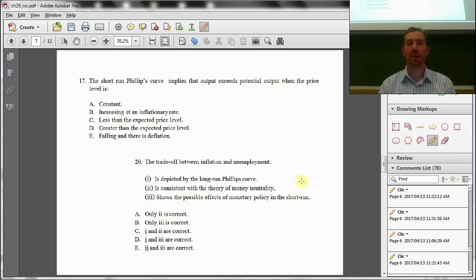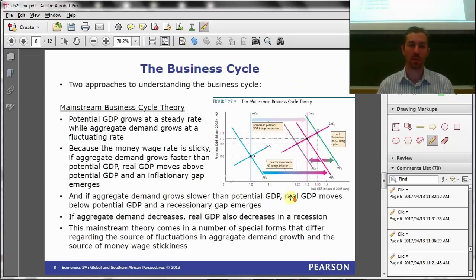Trade-off between inflation and unemployment, is that depicted by the long-run Phillips curve? Does the long-run Phillips curve show any trade-off between unemployment and inflation? No, it does not. When we change the inflation rate, does it have any effect on unemployment in the long run? No, that is what the long-run Phillips curve shows us. It's a vertical curve. In other words, it's telling us there's no relationship between inflation and unemployment in the long run. So there's no trade-off.